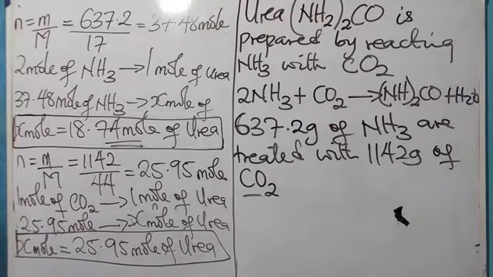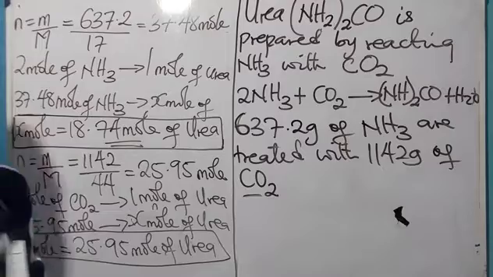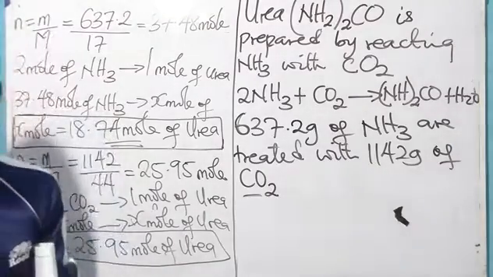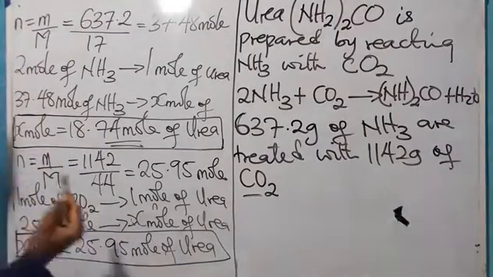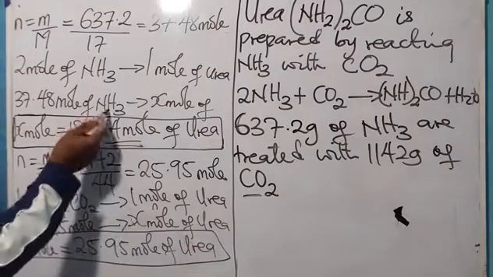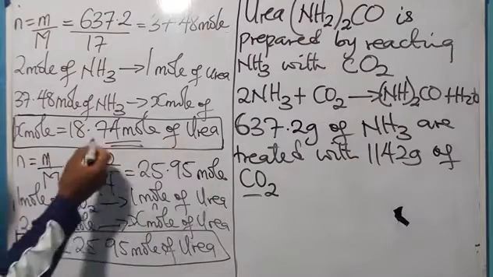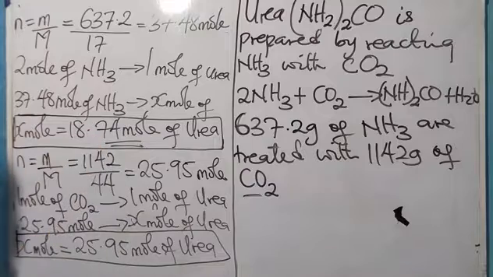Which of them, between ammonia and carbon dioxide, is the limiting reagent? Very easy. The answer is ammonia, because it produced the smallest amount of urea, which is 18.74 mole.